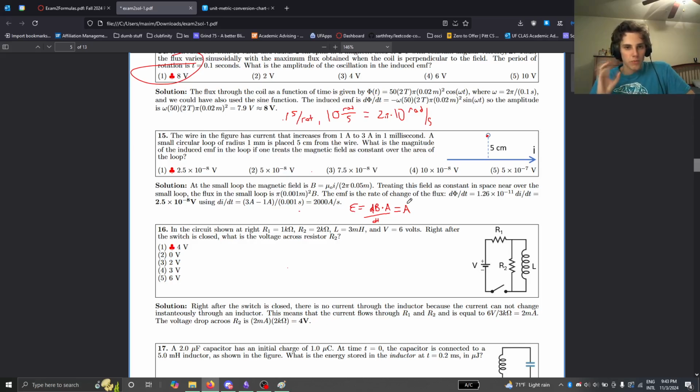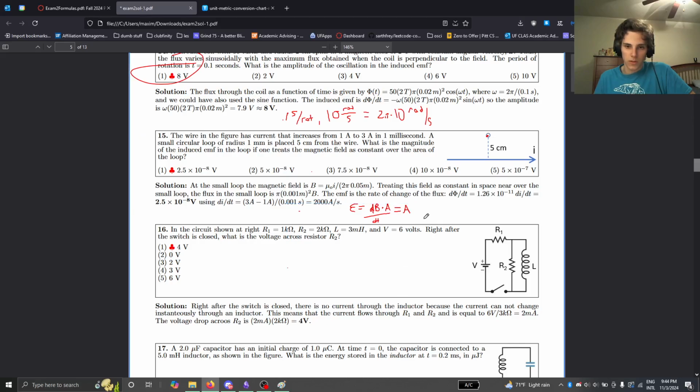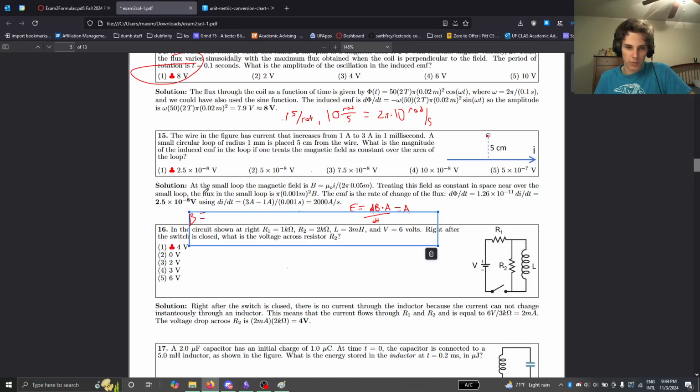Then we want to take the rate of change of the B field. So what's actually happening? The current in the wire is increasing. Well, how do we relate the current in a wire to the B field? Oh, wow, with this equation. B is equal to mu naught I over 2 pi r.